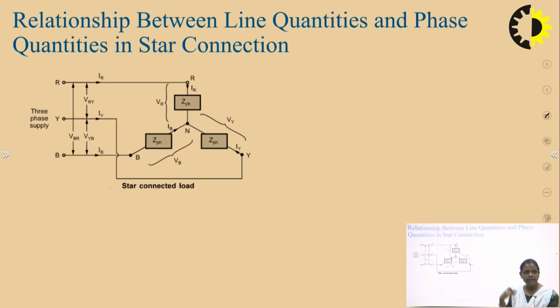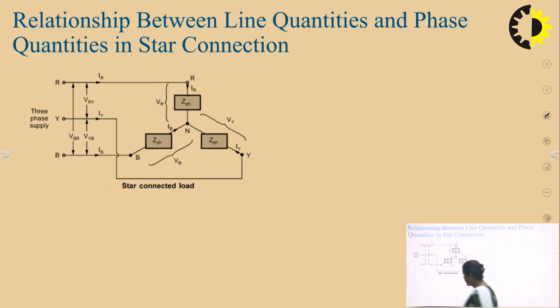So here you can see that this is a star connected load, and first we will see what are this VRY, VBR and VYB. What are they? These are the line voltage. Then IR, IY, IB, what are they? They are the line current.